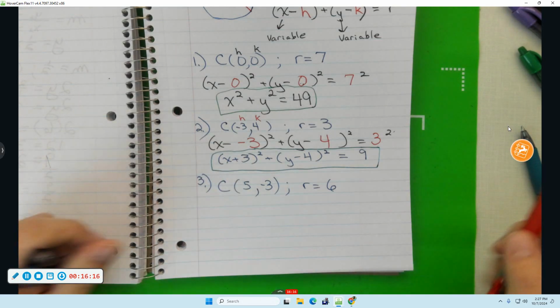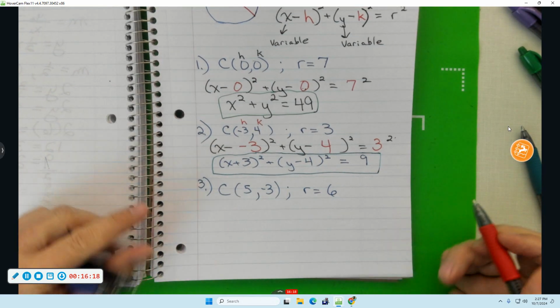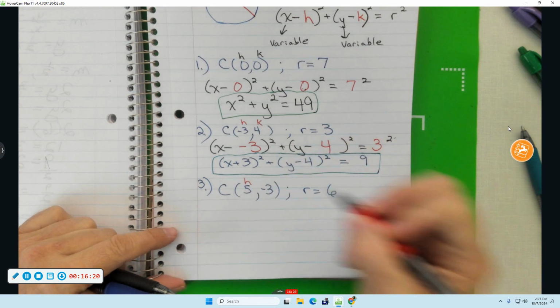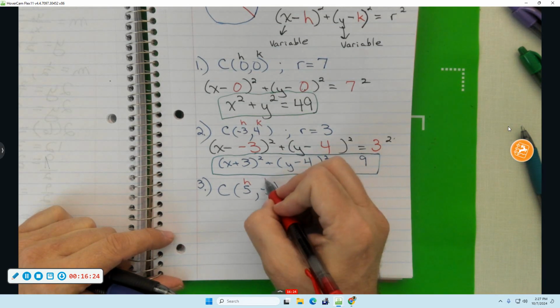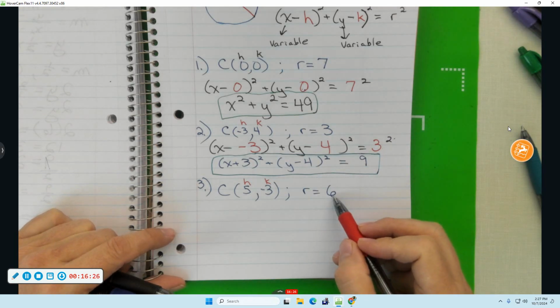What number's acting like H? 5, I agree. What number's serving as K? -3. And my radius is 6.